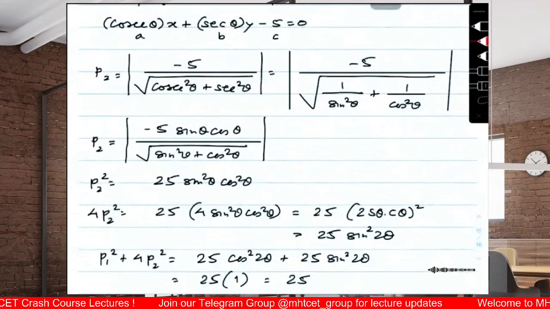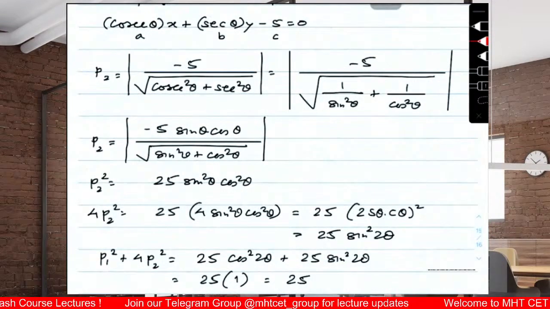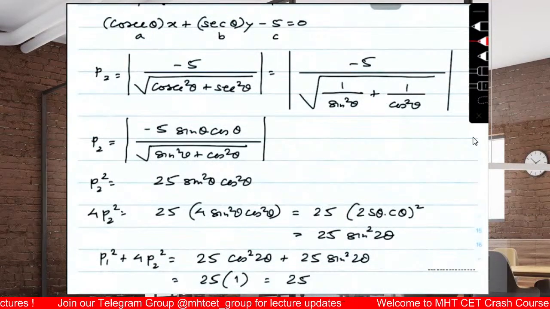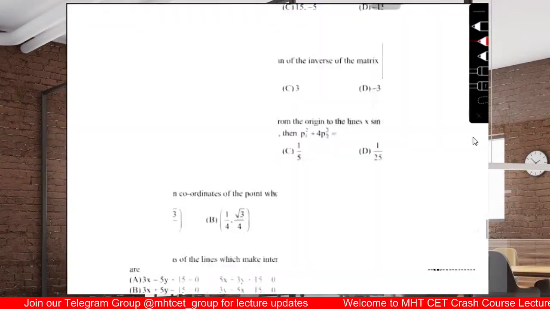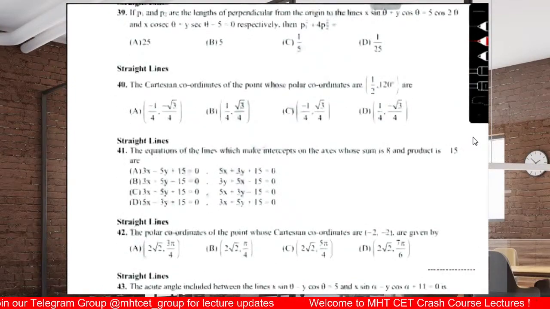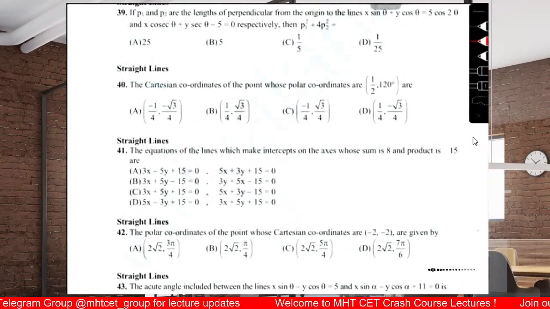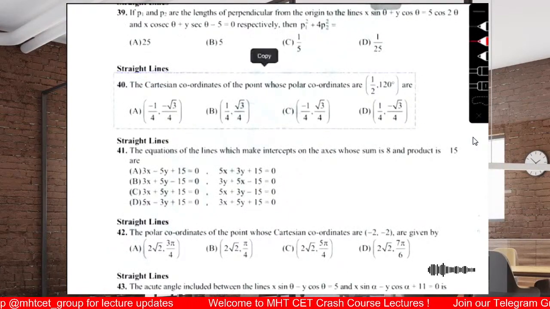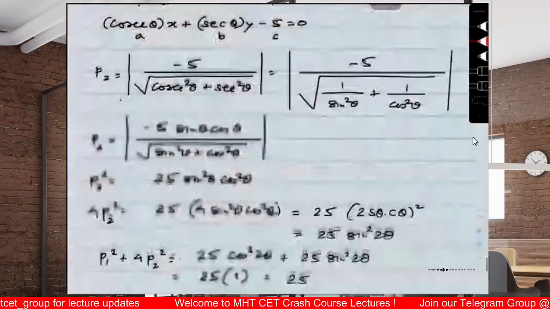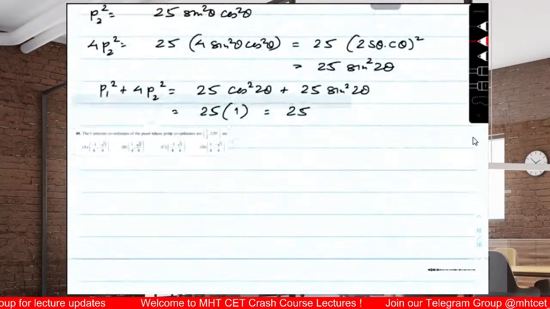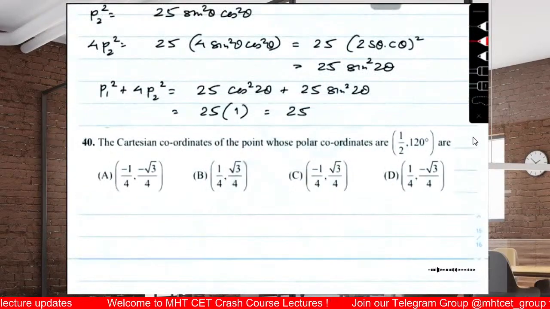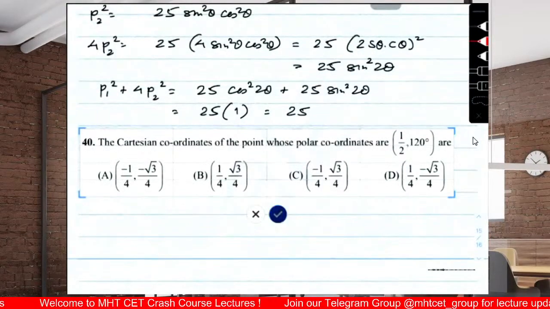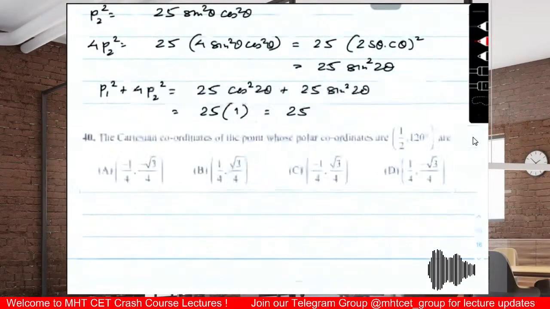Next, Question 40. Simple है ये. The Cartesian coordinates of the point whose polar coordinates are.